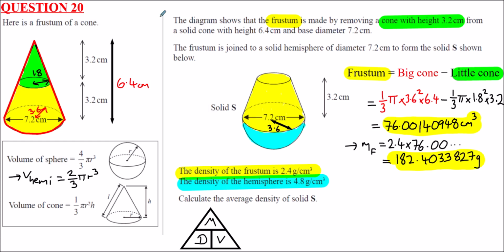So let's work out its volume and its mass. So the volume of a hemisphere, it's called V subscript hemi to be short and lazy. So we've got 2/3 times pi times its radius, 3.6 cubed.